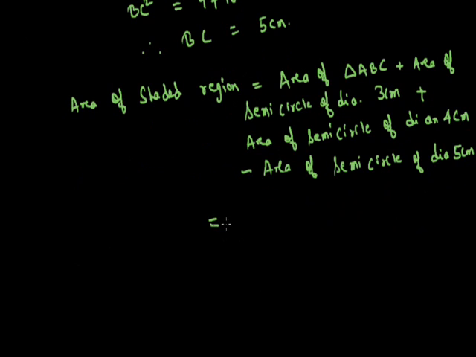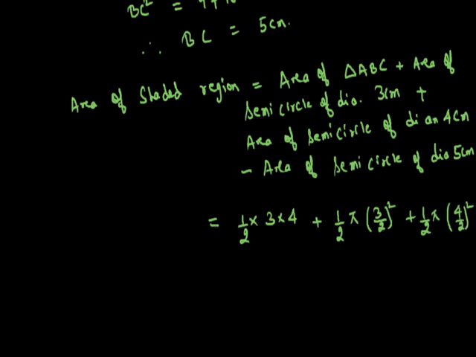Now area of triangle ABC is equal to half, base is 3, height is 4, plus area of semicircle, so half pi r square, r is 3 by 2, so 3 by 2 whole square, plus half pi, diameter is 4, so radius will be 4 by 2 whole square, minus half pi 5 by 2 whole square.